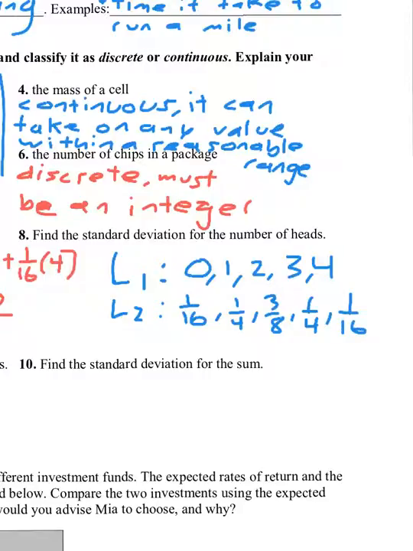If you don't remember how to do that, push Stat, and then Edit, so Stat, Enter. In L1, type 0, 1, 2, 3, 4, hit enter after each number. In L2, 1 over 16, enter, 1 over 4, 3 over 8, 1 over 4, 1 over 16.